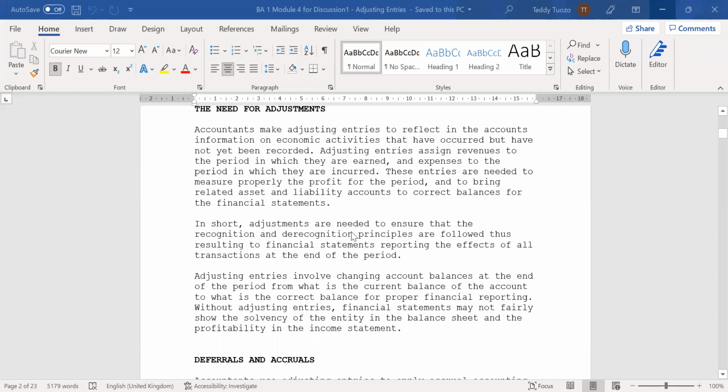Adjusting entries involve changing account balances at the end of the period from the current balance of the account to the correct balance for proper financial reporting. Without adjusting entries, the financial statements may not fairly show the solvency of the entity in the balance sheet and the profitability in the income statement.